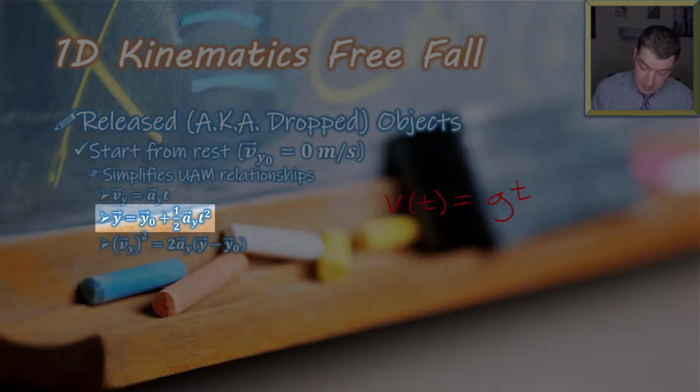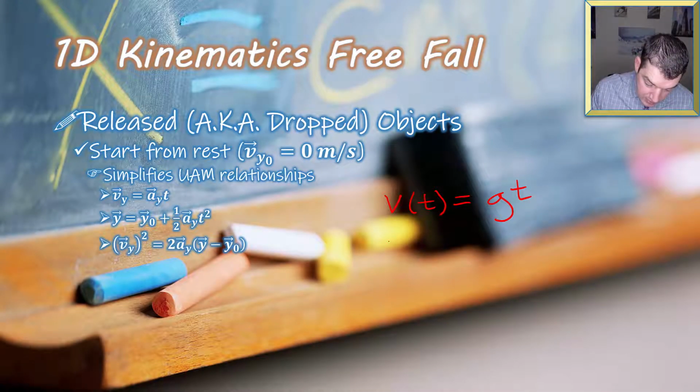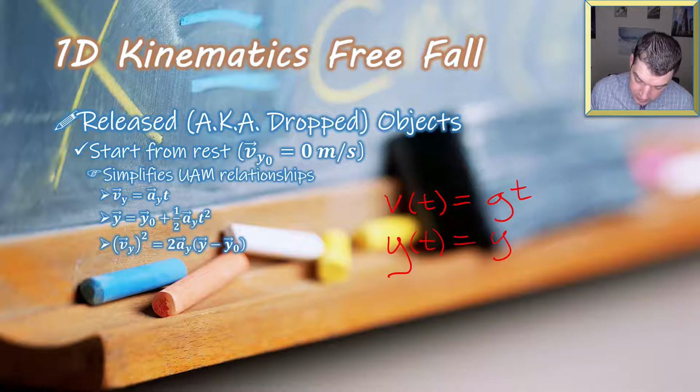But if the initial velocity is 0, what we're really saying is that y at some point after is equal to our initial position, sometimes referred to as an initial height or altitude, plus 1/2 of that acceleration due to gravity times time squared. Again, being a little bit careful about whether we're assigning up or down as the positive direction. We get a negative g, we get a negative change in position, although the position might not be negative depending on where we started.